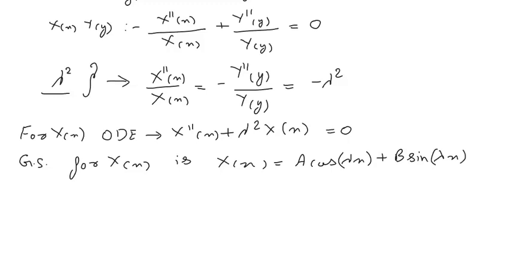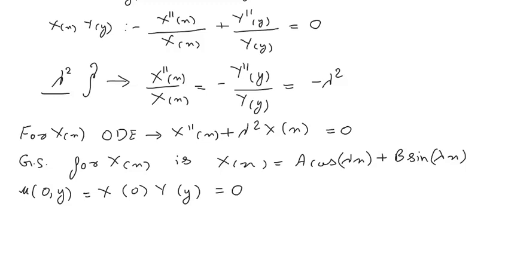Using the boundary condition, u(0, y) is equal to X(0)Y(y), which is equal to 0.